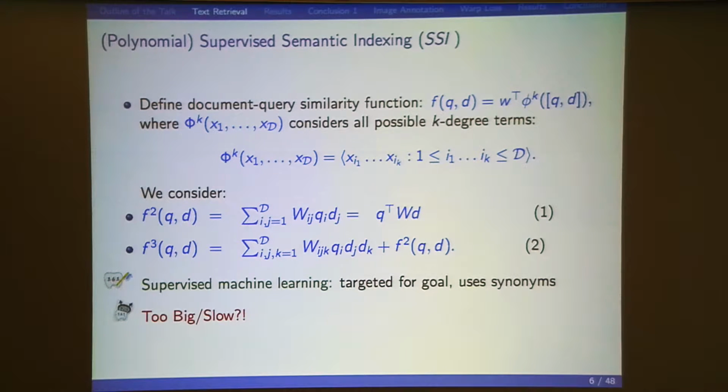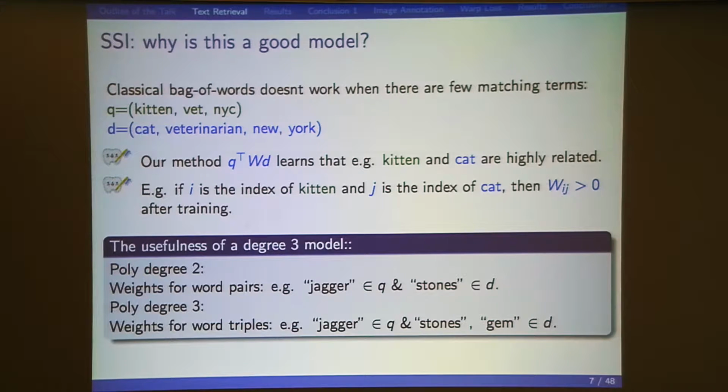So why would that be useful? I have a made-up example here that you might have, for example, the word Jagger in the query and the word Stones in the document. So this might be a match for the Rolling Stones.